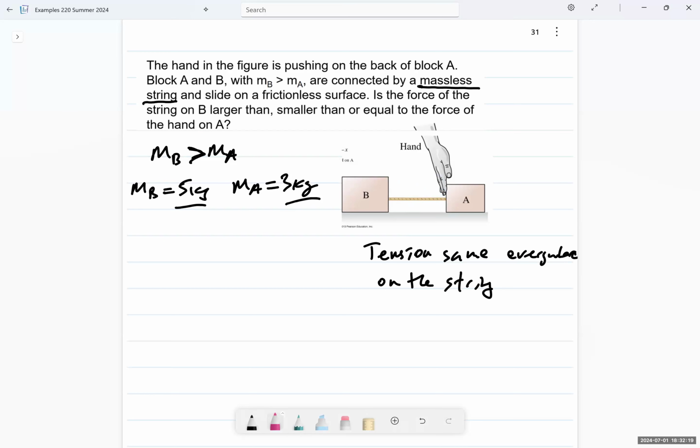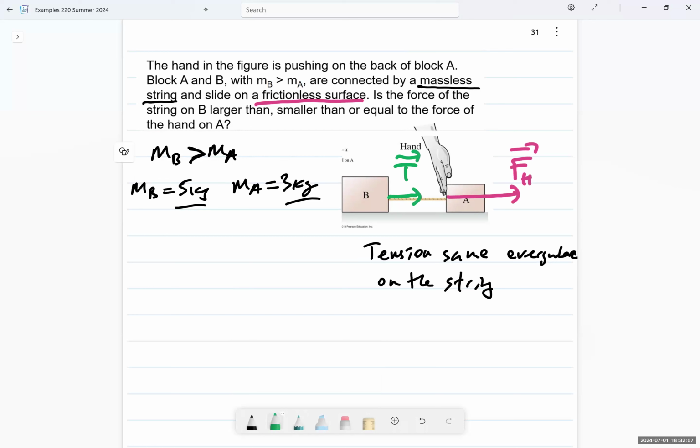All right, so I guess the question is this. Taking the surface to be frictionless, we want to know: is the force of the string on B larger than, smaller than, or equal to the force of the hand on A? Basically what we have here is something like this. There's going to be a force acting on A, let's say the force from the hand. And if I'm looking at B, it has a tension force acting on it to the right.